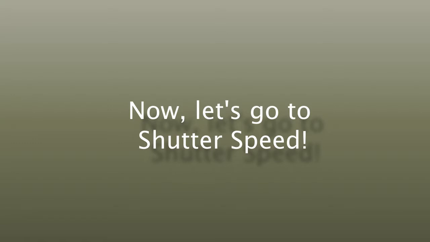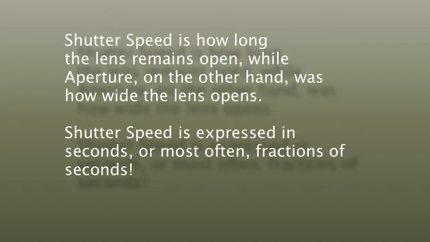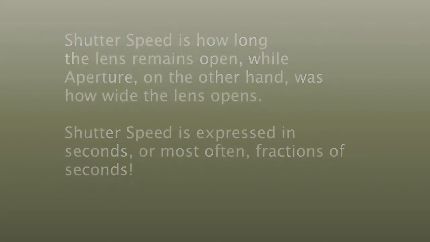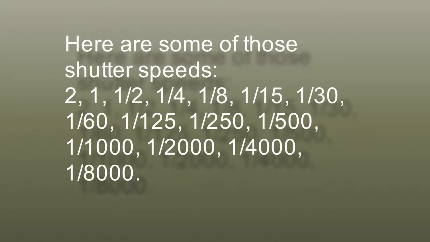Now let's go to shutter speed. Shutter speed is how long the lens remains open, while aperture, on the other hand, was how wide the lens remained opened. Shutter speed is expressed in seconds, or most often, fractions of seconds.